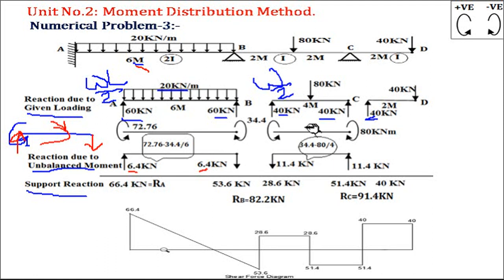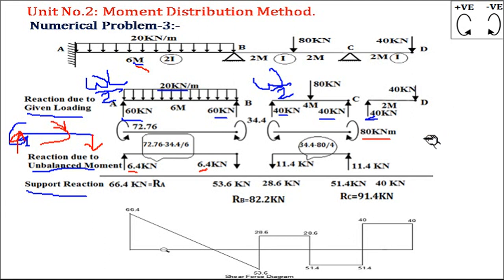Okay, now in member BC, the moment is acting in anticlockwise direction, that is 34.4, and the moment in member CB is acting in clockwise direction and it is 80 kilonewton meter. As it is acting in clockwise direction, so minus. Okay, or the value is minus 80 kilonewton meter, that means it is acting in clockwise direction.